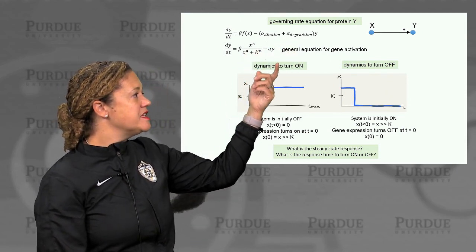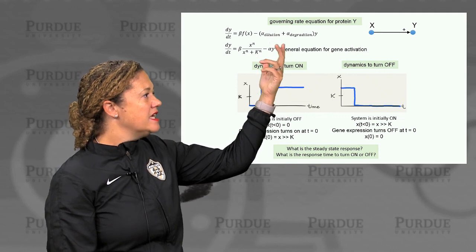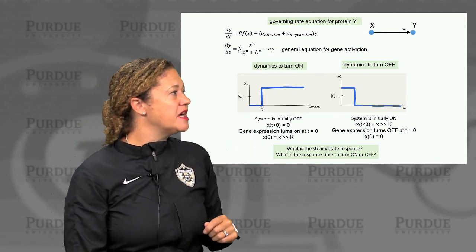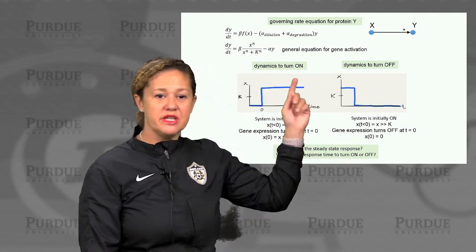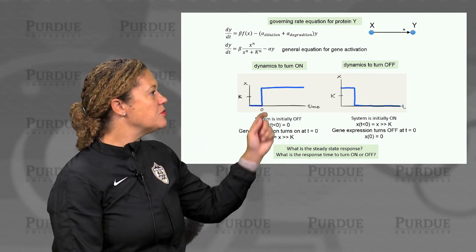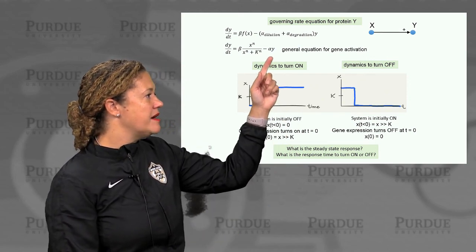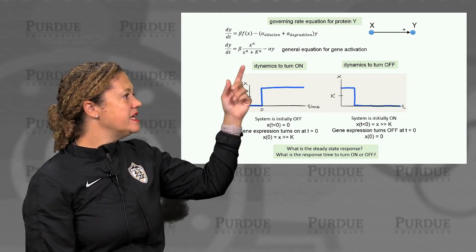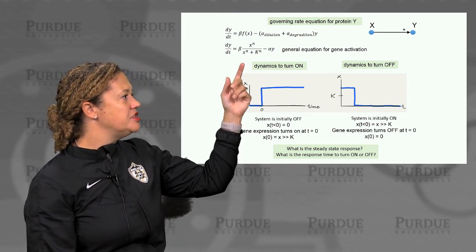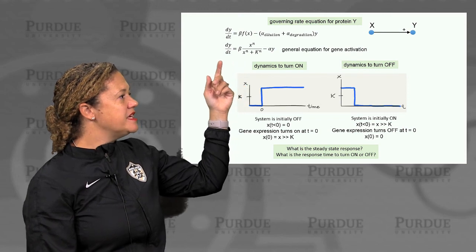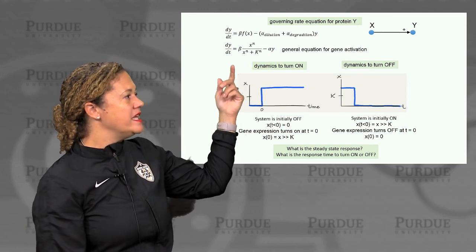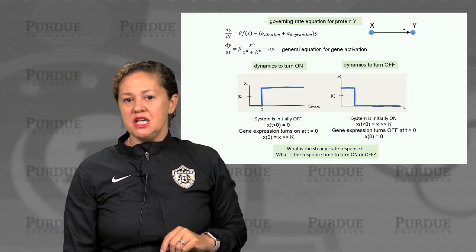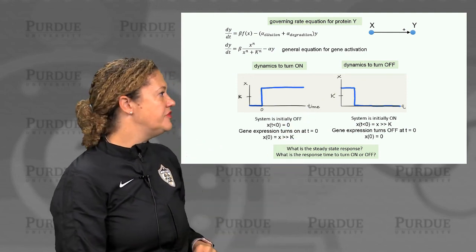We'll simplify this for now. We're not going to look at the contribution of dilution relative to degradation. We'll get to this in a later lecture, and we'll just lump these together as the sum where alpha is our decay rate. So now when we plug in our Hill function for gene activation, we get this general rate equation now for gene activation using our Hill function model.